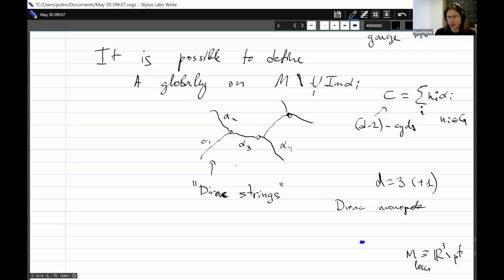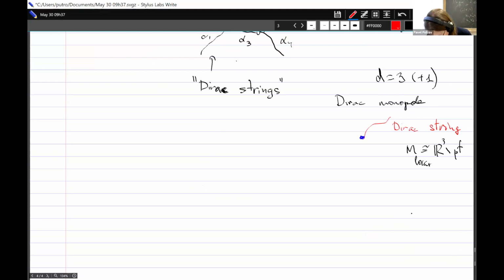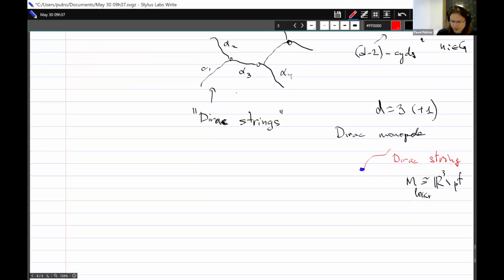In the space surrounding the Dirac monopole, we can define our gauge field everywhere except along some line which goes out of the monopole. This is the Dirac string. So this is the case d equals 3, d minus 2 is 1, and this is a one-dimensional network.